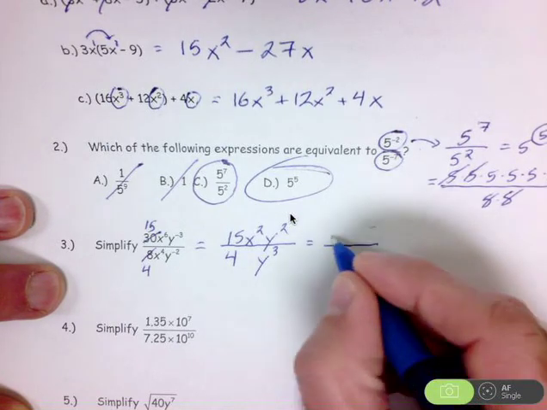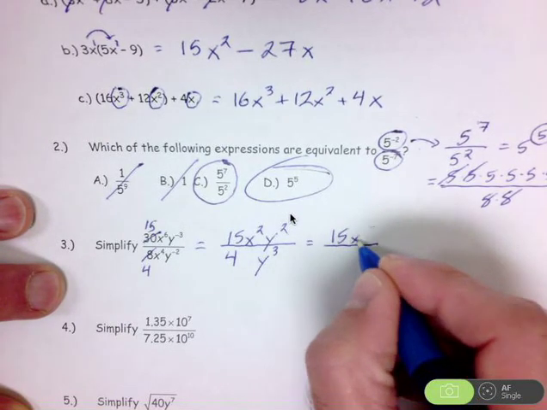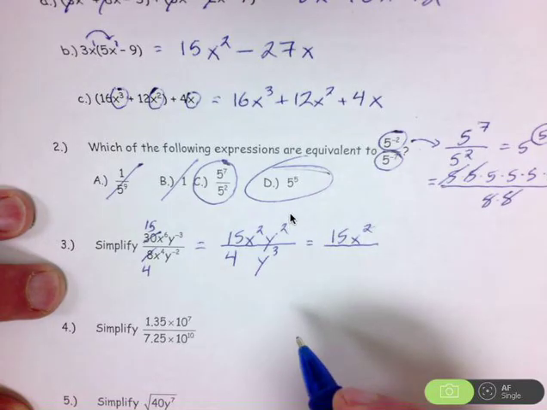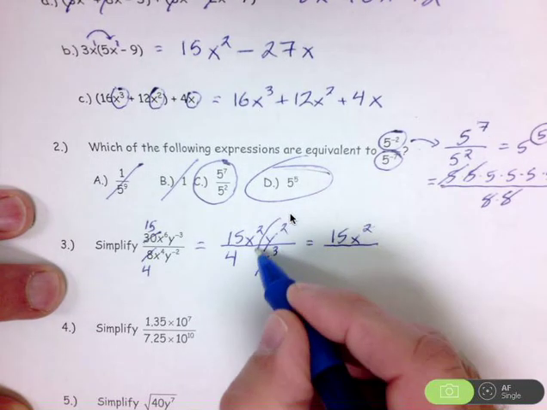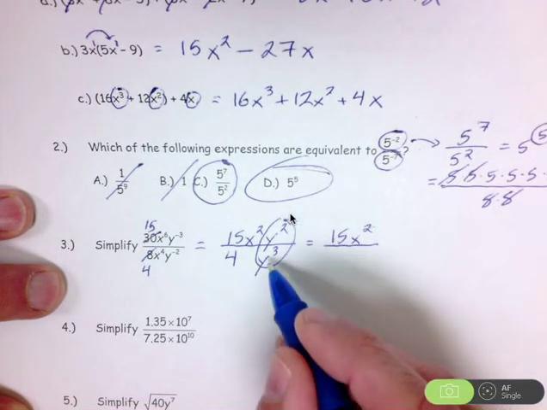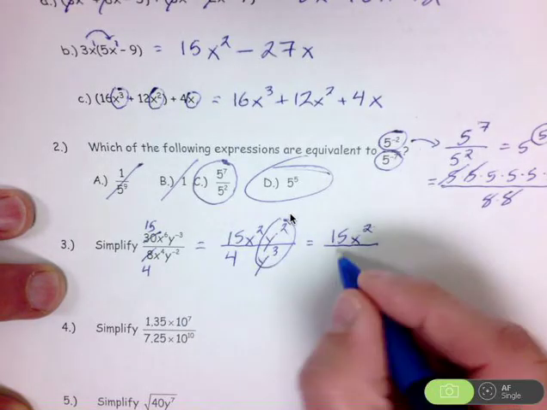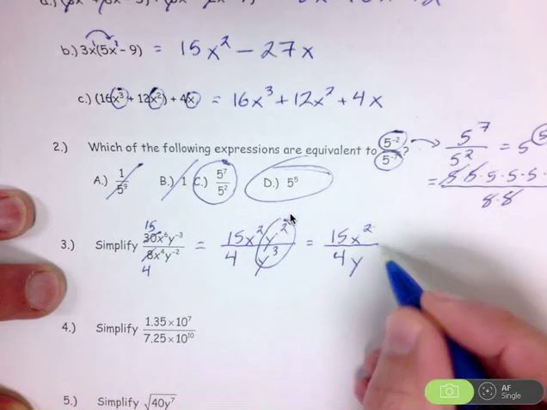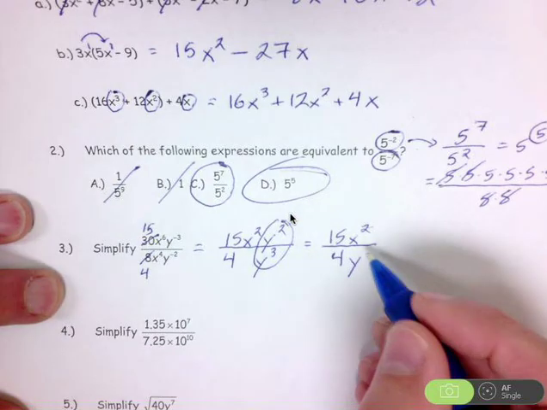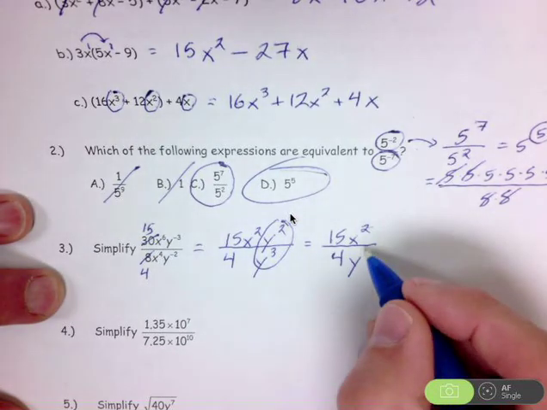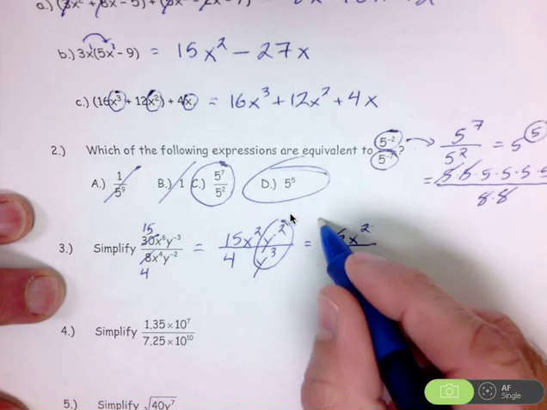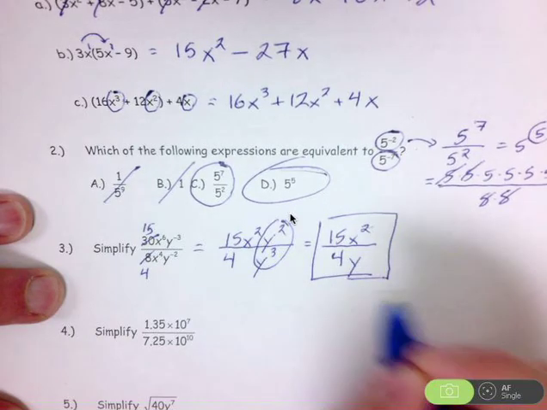So my simplified expression will be 15x squared. Those are the components left in the numerator. And the y squared over the y cubed will leave me a y to the first power in the denominator. 4y to the first power in the denominator. And you don't have to write the exponent of 1. It's not wrong to write y to the first power, but it's not necessary.